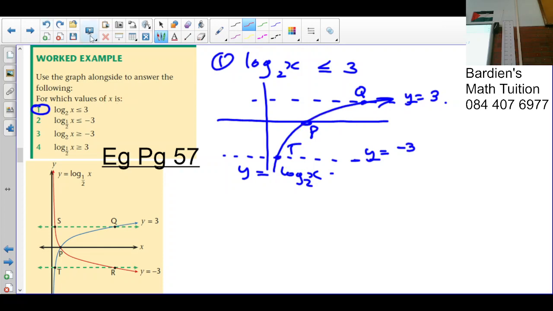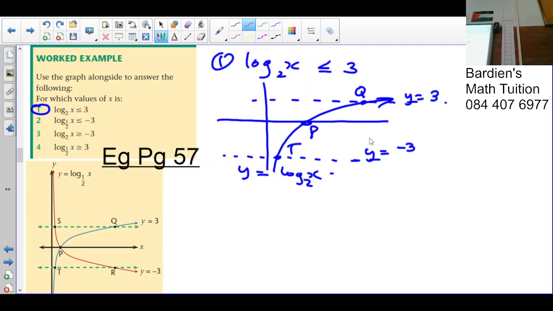Continuous. Okay. So again, with log x base 2 less than or equal to 3, this is the y is equal to 3 line. Less than is below the line. So that part we need to represent in terms of x. Where does it start? It starts at 0 till Q, from there to there. You all agree with that? So what is the x value at Q? Do we know it? No. However, it can be calculated. How can we calculate it?